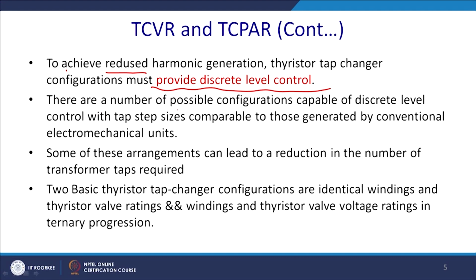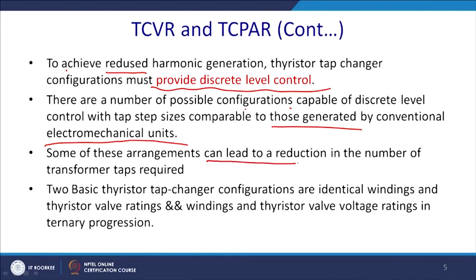There are a number of possible configurations capable of discrete control with tap size comparable to those generated by a conventional electromechanical unit. We know there is a tap changing transformer, a very common practice in our distribution transformers: in the peak hours, when demand goes high, the output voltage of the transformer goes low. So, we require to put it to the higher taps.